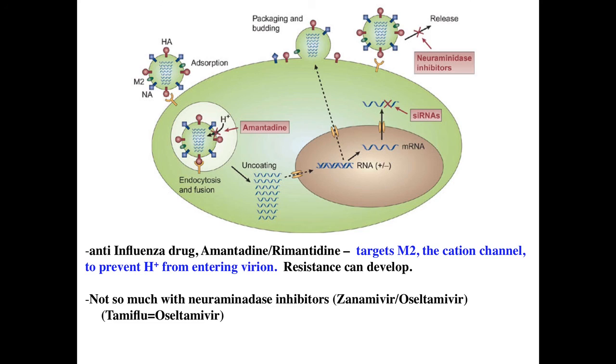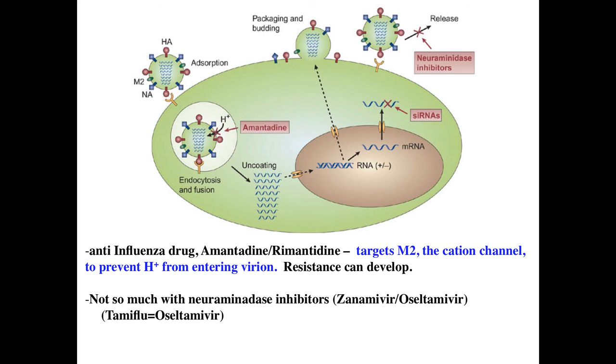That still occurs, but the drug amantadine, which is used quite frequently to treat people who have just recently been exposed or are just beginning to get sick from influenza, will limit the amount of infection that can occur, because what amantadine does is it's basically like a cork that fits into that M2 channel to prevent protons from getting in. So the acidification doesn't complete itself.